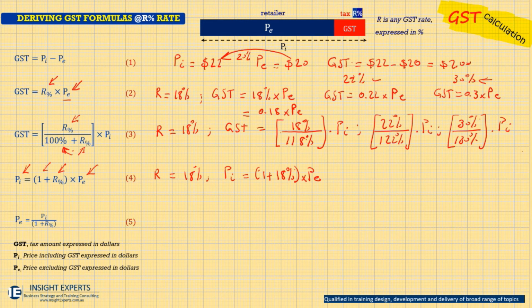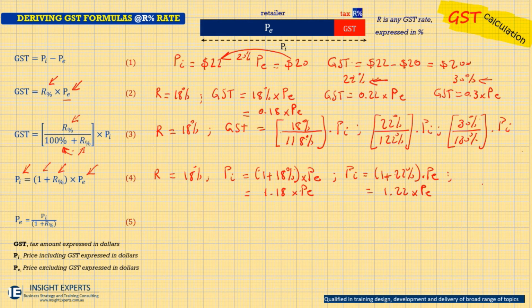So that can be simplified into something like 1.18 times PE. If my tax rate is 22%, then my PI becomes 1 plus 22% times PE, which is equal to 1.22 times PE.